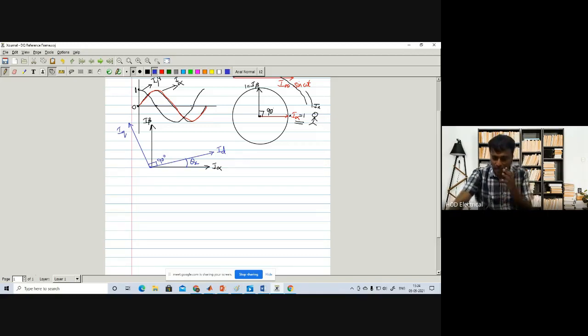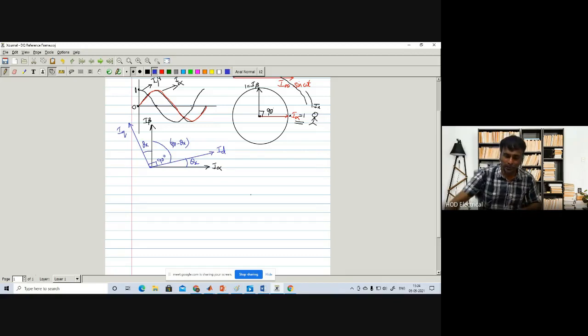I am taking another one car which is leading with respect to alpha at an angle of theta x. So if this angle is theta x, automatically this angle will be theta x. So this will be 90 minus theta x. You know this 90 minus theta x. So how can one implement it?